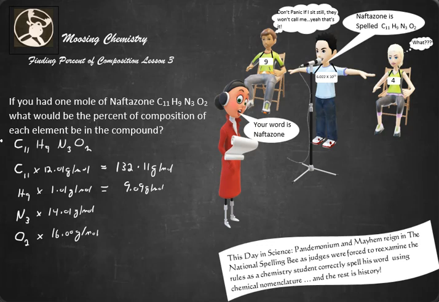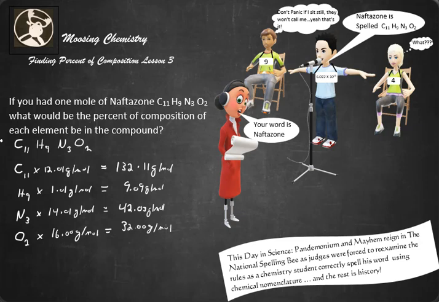That's what you get when you multiply 9 times 1.01. And now 3 times 14.01 for nitrogen gives 42.03 grams per mole. Pretty simple. And for oxygen, we got 2 of those, and each one's 16.00, so it's going to give me 32.00 grams per mole.